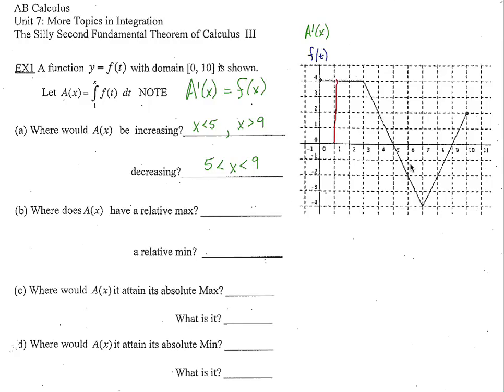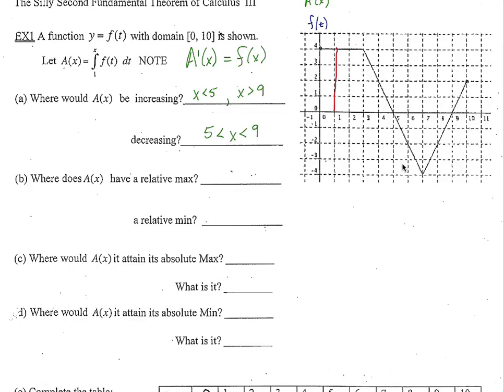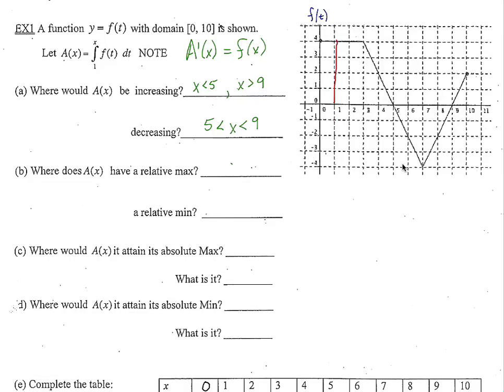So the derivative at 6 is going to be -2. The derivative at 7 is going to be -4. So right here at 5, we're going from having a derivative that's positive to a derivative that is negative. So at 5, we have a relative max. So this is when x is equal to 5.